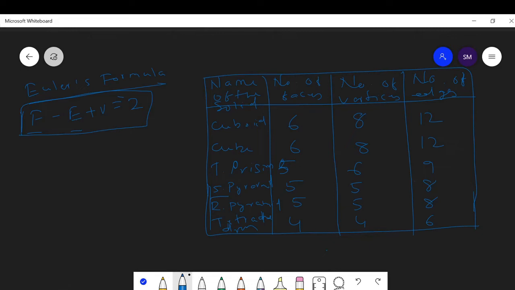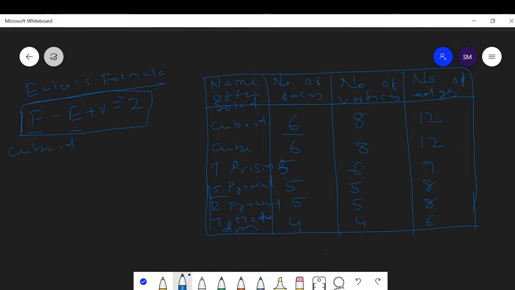Let us check. Euler's formula says F minus E plus V is equal to 2. Let us check for the cuboid.